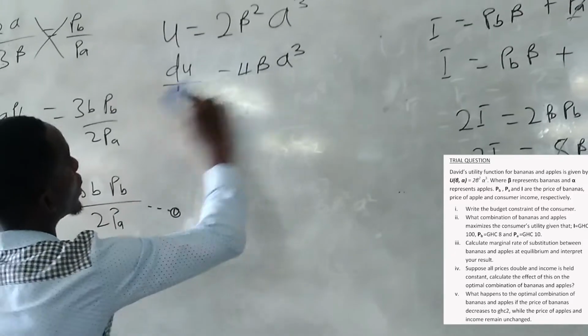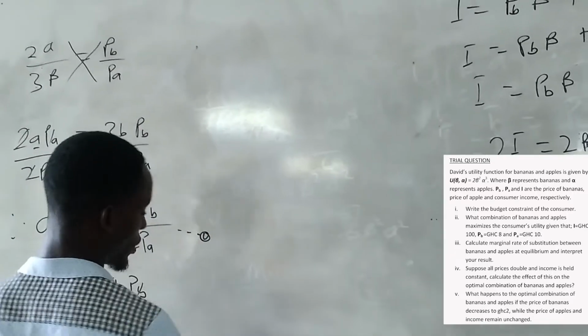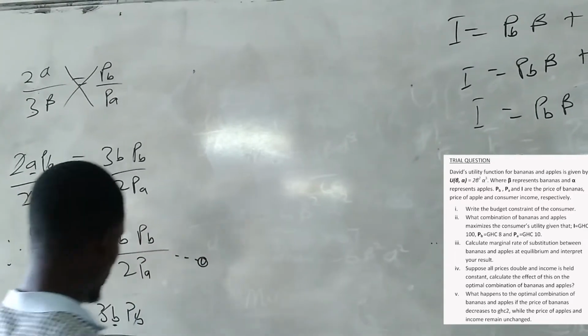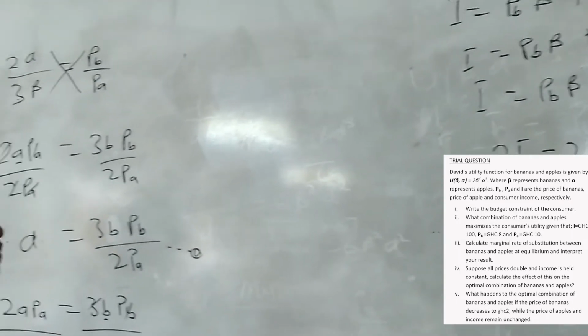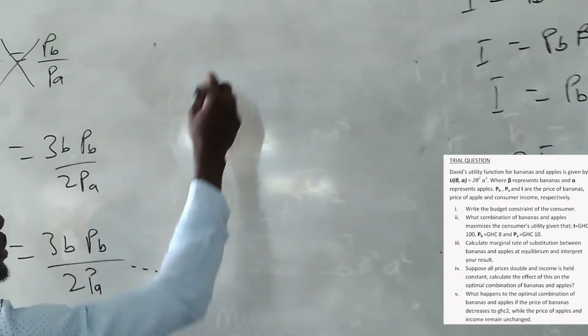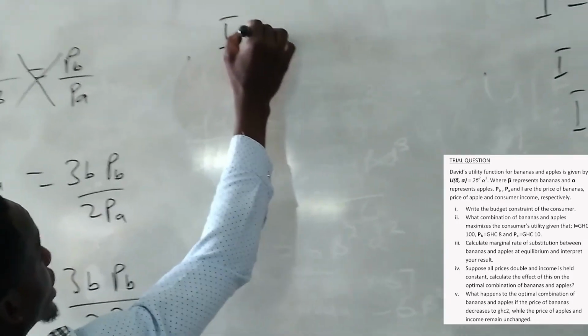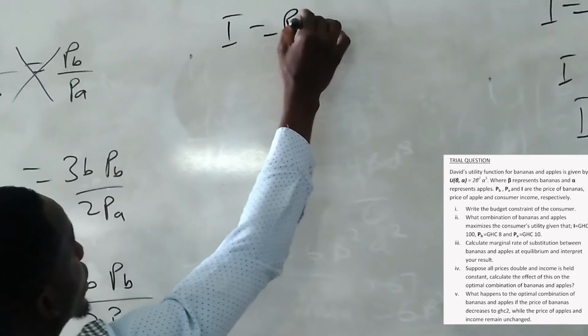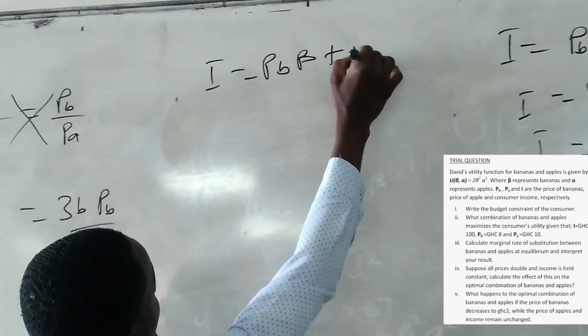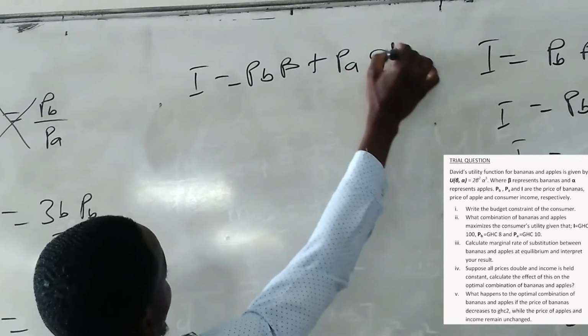And I think this is 100. Sorry, this is 100. That's our income. So to find the quantity of beta we are consuming, we only come to substitute. So here I have my income as 100 all over 5. What's the price of B? 8. Bracket will be 8.